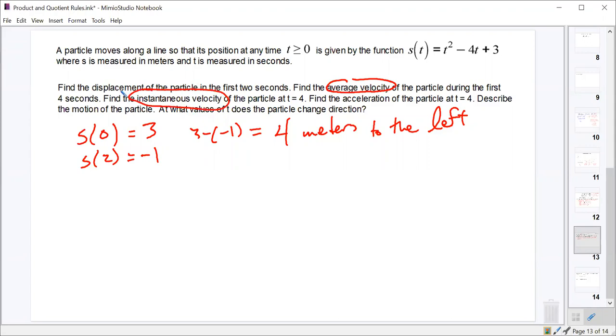An average velocity is just the change in position divided by the change in time. So from 0 to 4, what's the change in position?